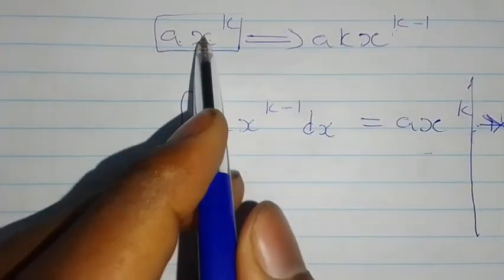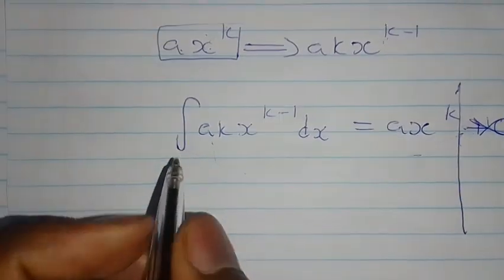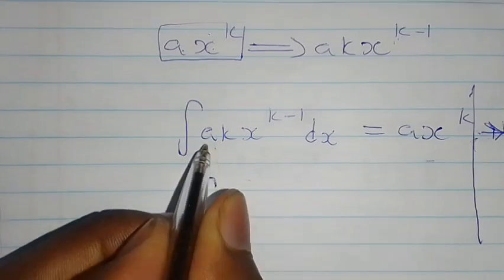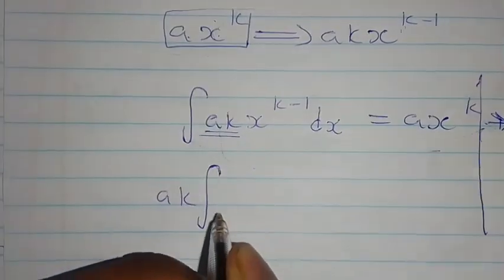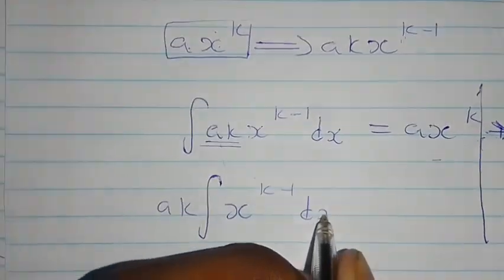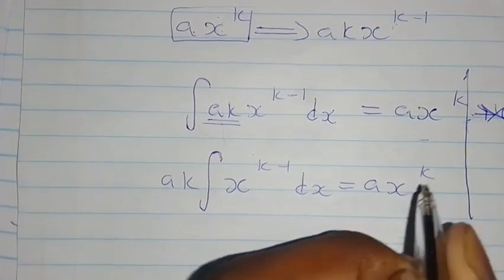Now, remember when you were deriving, you could take the constant outside. The same is true for integration. You can take the constant outside. In this case, the constant is ak. So you can take ak outside, and you'll have x to the power k minus 1 dx. This will be the same as ax to the k.